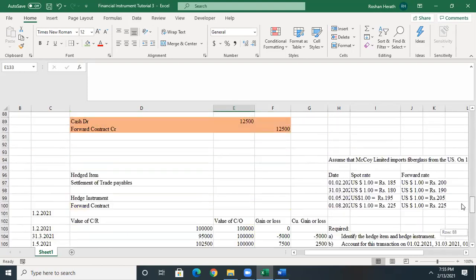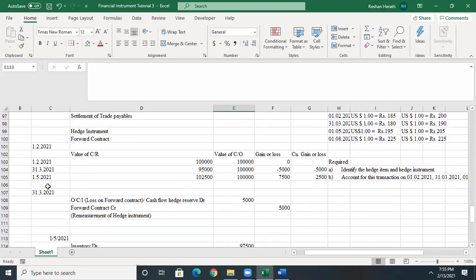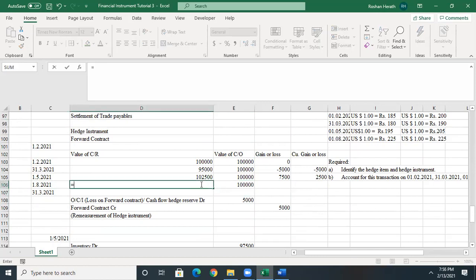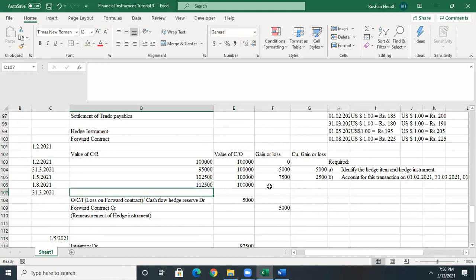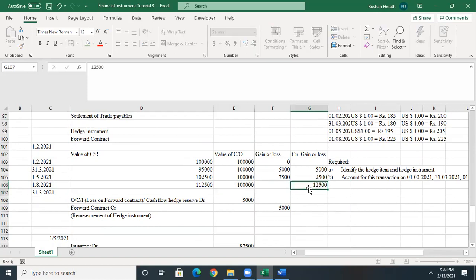So අපි forward contract එකට යමු. 1st of 2021. It always remains the same, the liability, and here the contractual obligation is 225. So as usual, it's 500 into 225, 112,500. Accumulated gain or loss is going to be 12,500.